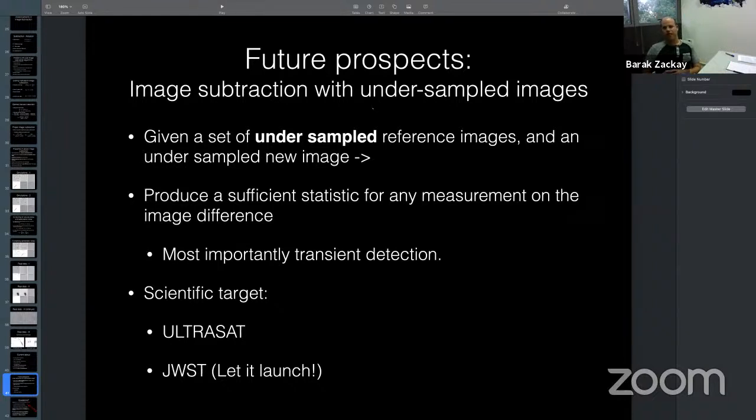Suppose I have the ULTRASAT mission, the UV satellite. Its purpose is to detect gravitational wave counterparts. One of its main scientific goals is to detect gravitational wave counterparts.